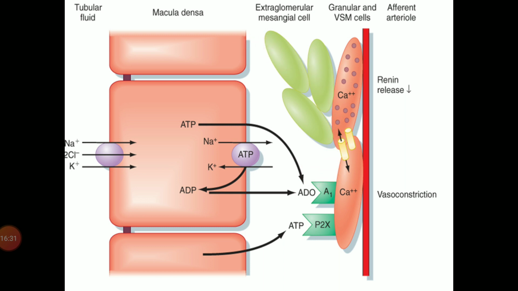Okay, now when the amount of sodium chloride coming in this ultrafiltrate is higher, what this macula densa cell is going to do is that the higher amount of sodium chloride would get reabsorbed into the macula densa. So how? Because of the presence of the sodium 2 chloride potassium co-transporter on the apical, or luminal, side of this macula densa cell.